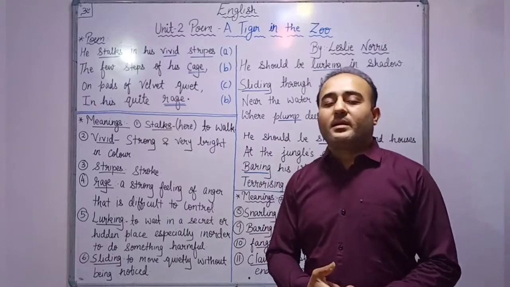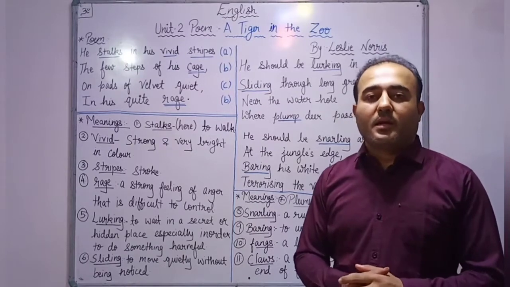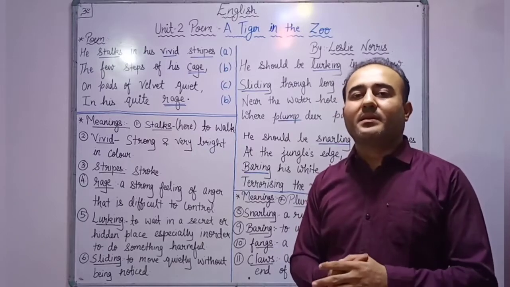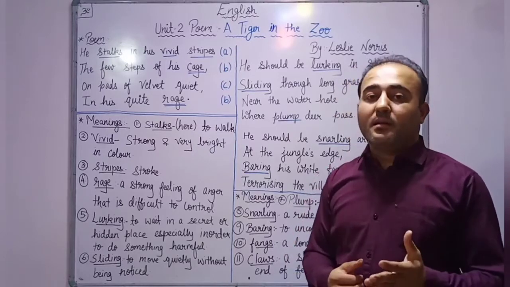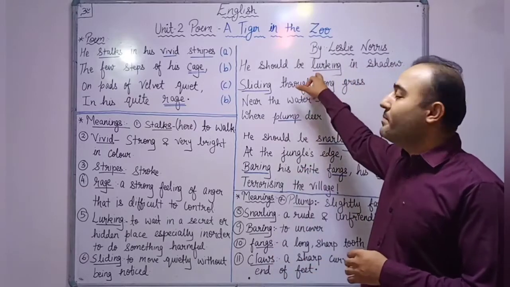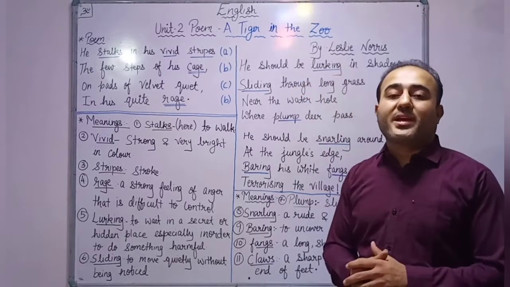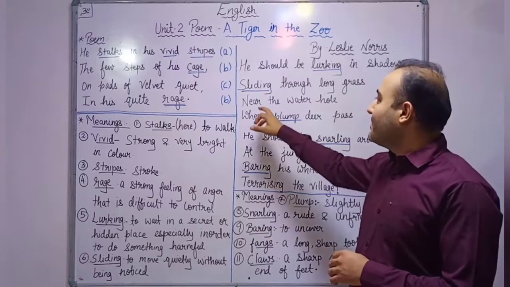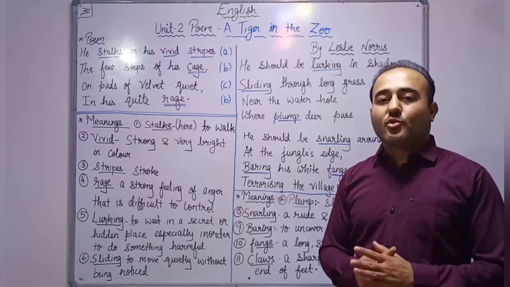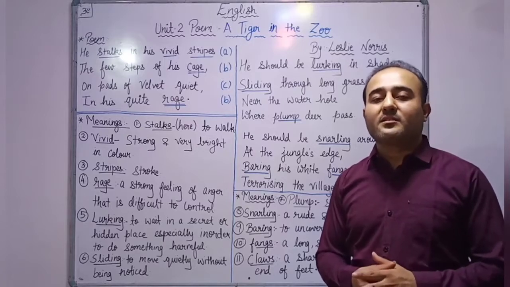Okay, so in this second stanza, the poet is trying to tell us that if this tiger was not caged, and if this same tiger was freely walking in the forest, then it would be hiding in the tall dark shadows of the trees, and hiding behind the tall grass, so that the prey is not able to detect its movement.